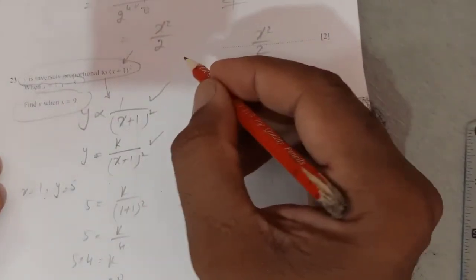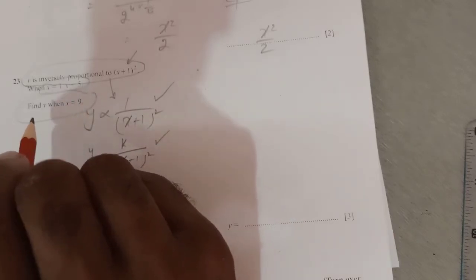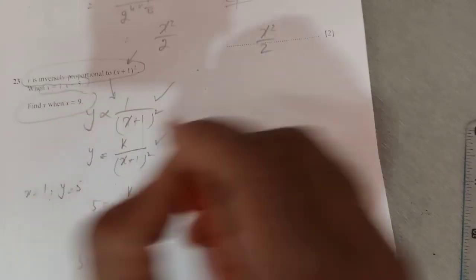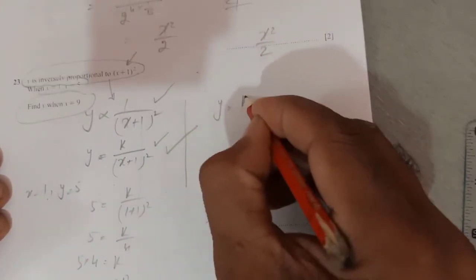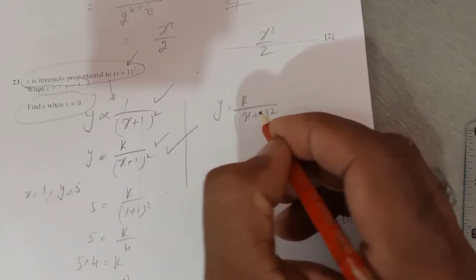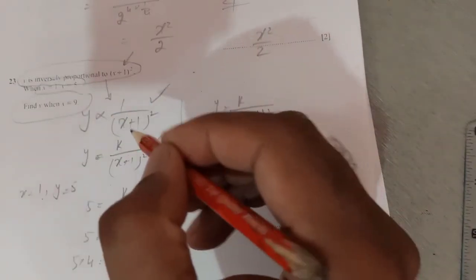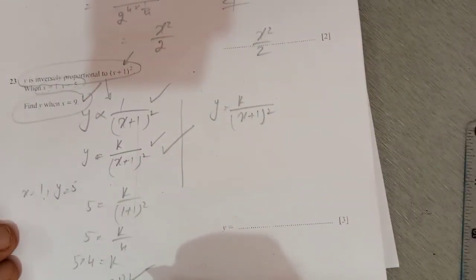The question to be asked over here: find the value of y when x is equal to 9. Now I use this formula over here, I write it again and put the values of x and k. X has value equal to 9 and k has value 20.